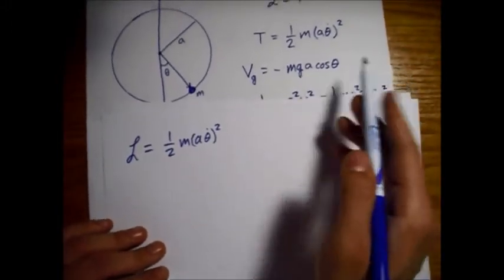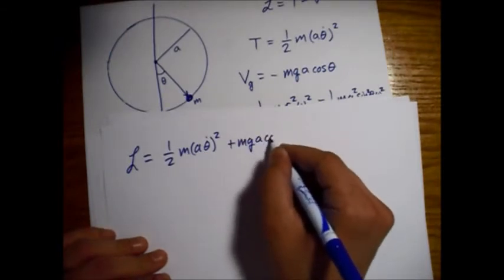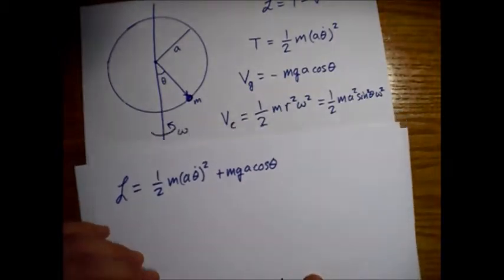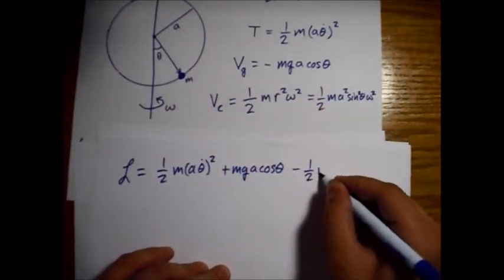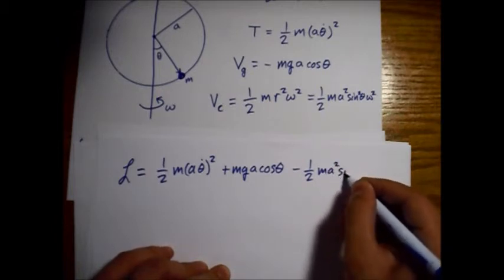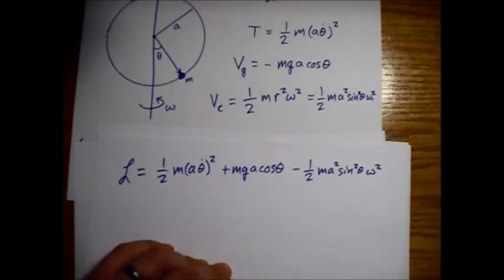Then we'll minus these parts off, so we actually get a plus mg a cosine of theta, and a minus of this minus 1/2 m a squared sine squared of theta omega squared.